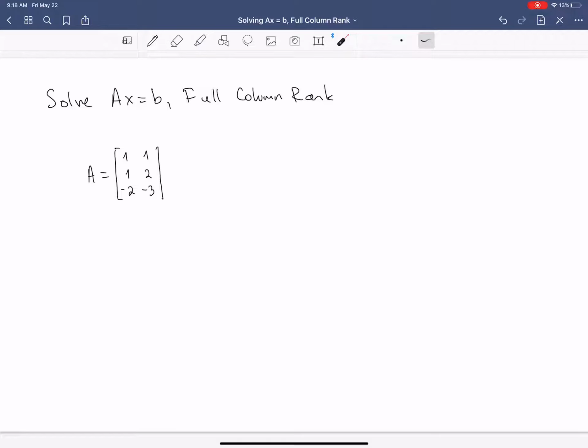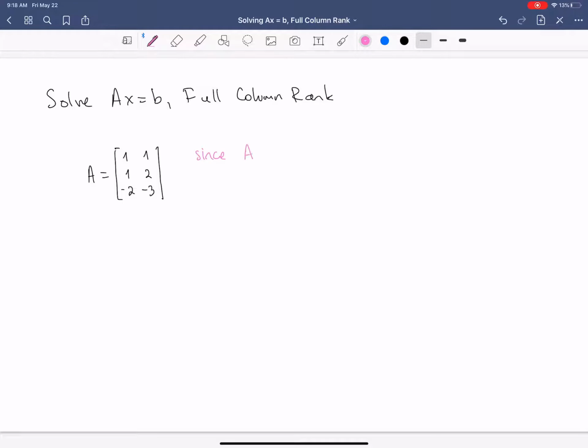So because the matrix A has linearly independent columns, we know that AX equal to 0 has only one solution. So let me write that.